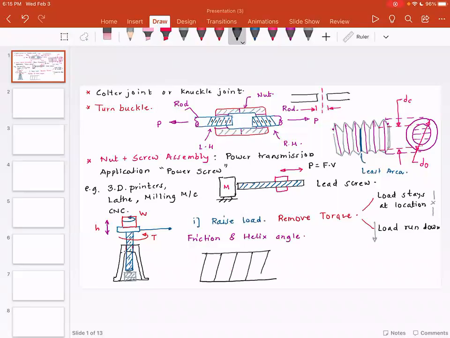So the way the screw is cut is you have a cutter, you have a rod stock, and then you basically turn it to construct this groove, which actually has the core diameter and the outside diameter. So this angle is called as the helix angle.